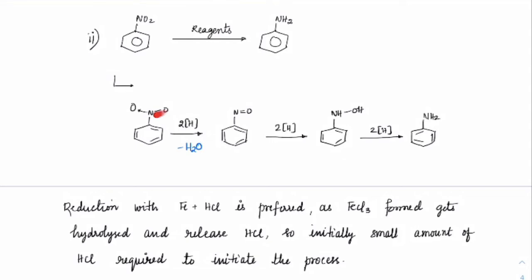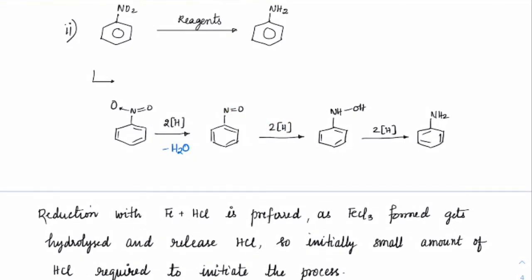So the nitro has become nitroso, N double bond O. Again, if you add 2 more nascent hydrogens, 1 would be added here and 1 here, so this will become hydroxylamine. Again, if you add 2 more, 1 H2O would be removed from here, and this would also become NH2. So again 1 more H2O is being removed.